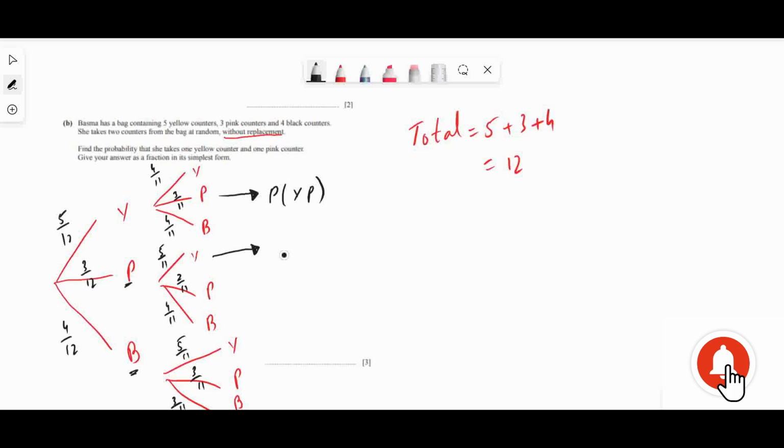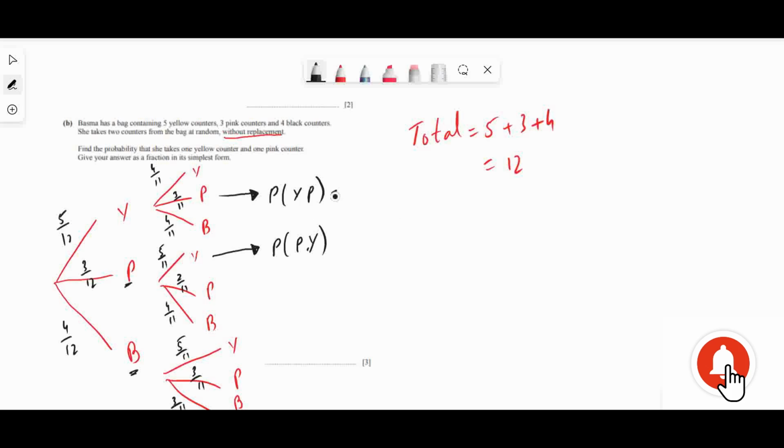So the second case will be first pink and then yellow. We will have these two possibilities for one yellow and one pink counter.